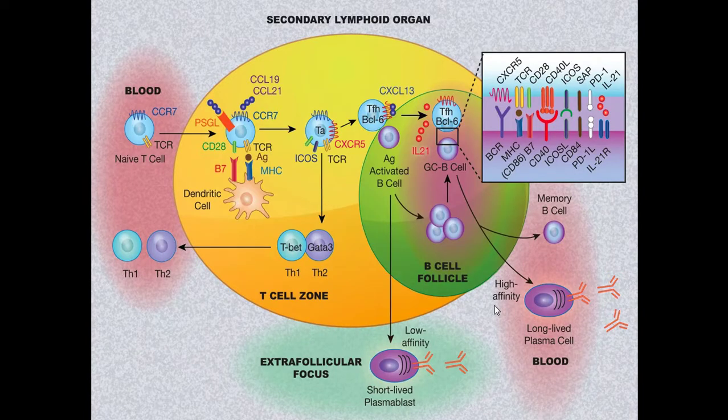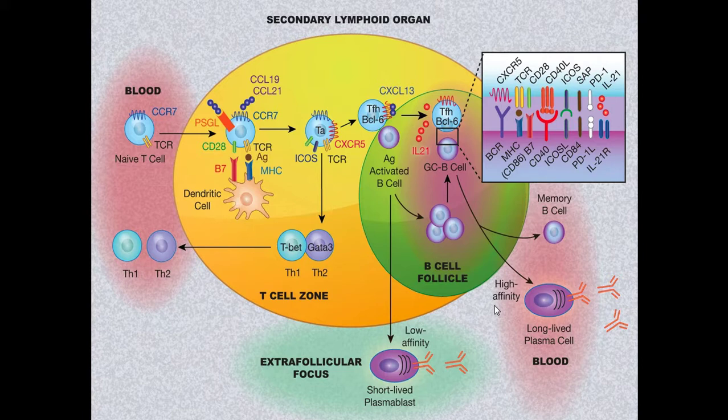This graph is published in the journal from Ochsner. It's a review paper about how T follicular helper cells develop in the secondary lymphoid organ.